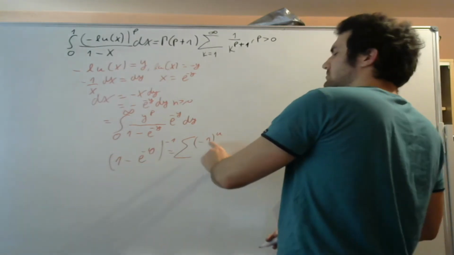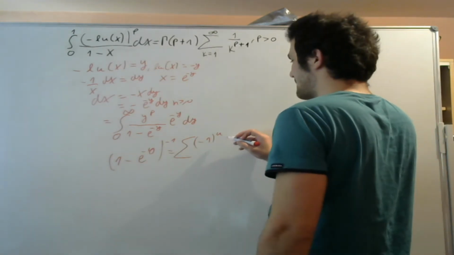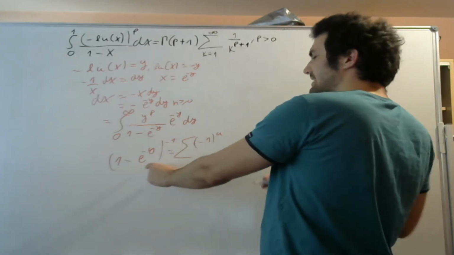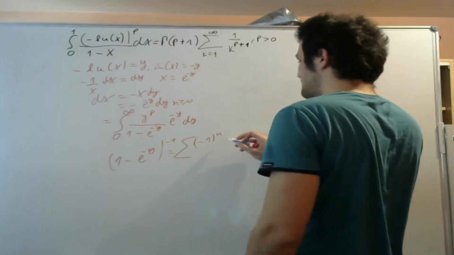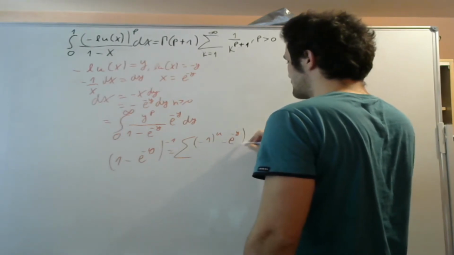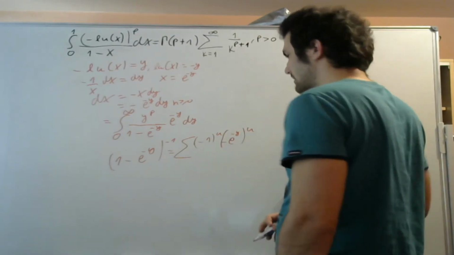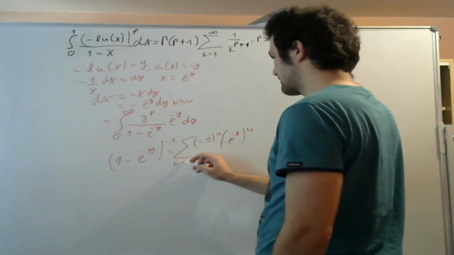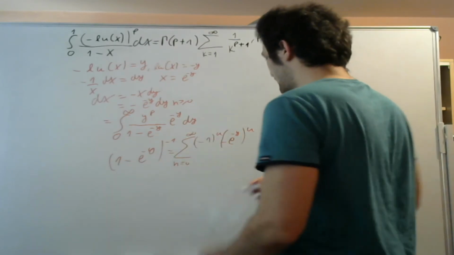It will get cancelled out and we will have just this, and now times x to the n. x is here negative e to the negative u. So we have negative e to the negative u to the power of n, where n goes from 0 to infinity.